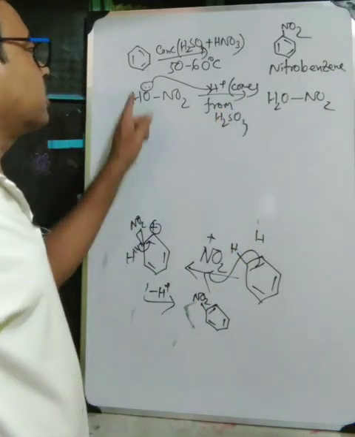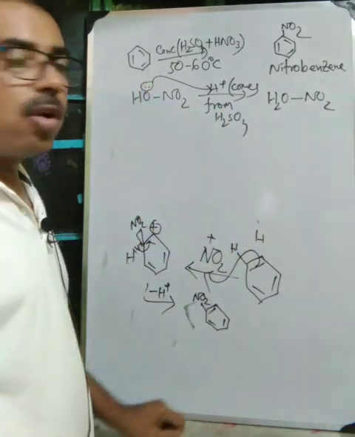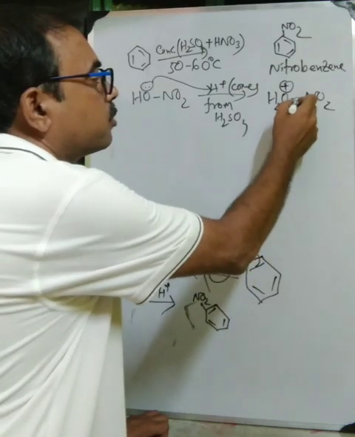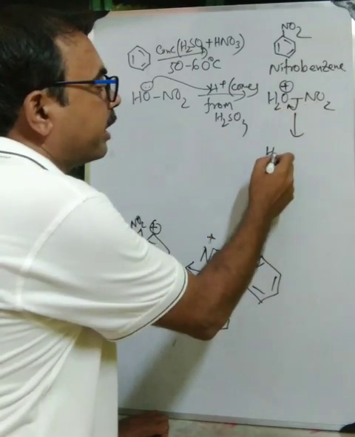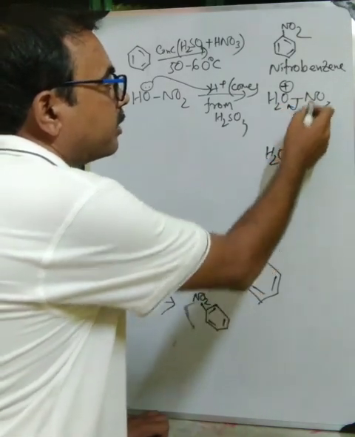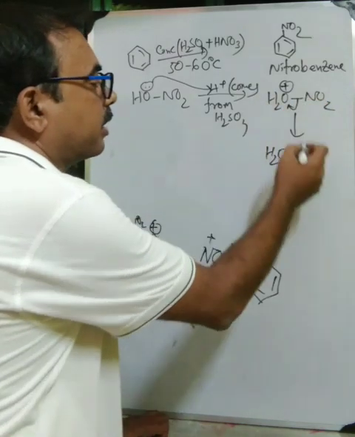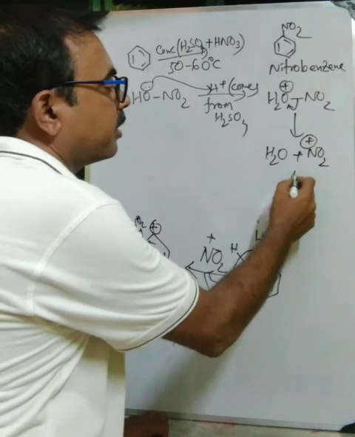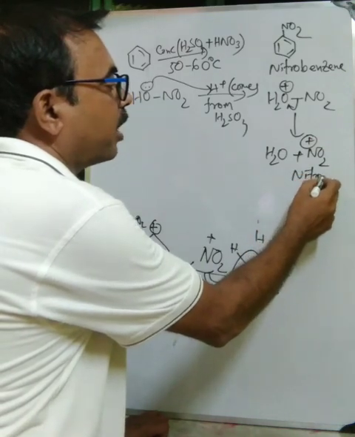Now since oxygen has given up its lone pair of electrons, oxygen will carry a positive charge here. Now this bond breaks to form a neutral H2O molecule, and since the bond pair is given away, NO2 plus ion is formed. This ion is called nitronium ion.